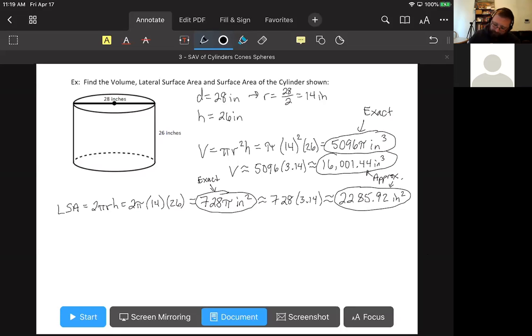That brings us to total surface area, which is 2 pi r squared plus 2 pi r h. Same deal, we're going to ignore those pi symbols at first and just plug in the radius and the height. And this one I'm going to show a little bit more work.